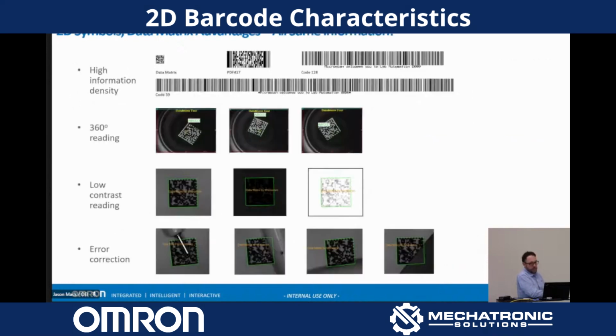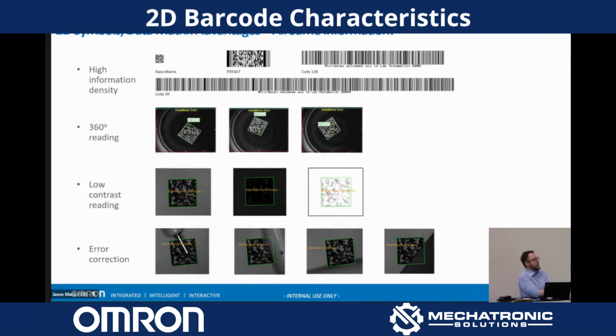And you can see the point here now. At the top, it shows the same exact information in all those codes, all printed at the same resolution as well. So you can see a code 39, and actually a reasonable code 128, definitely one of the smaller of the 1D codes, but you can see how much more information we can get into a small area with that data matrix code.